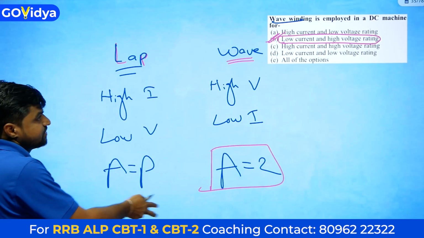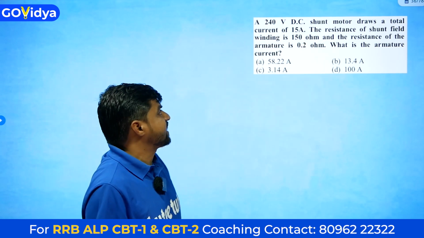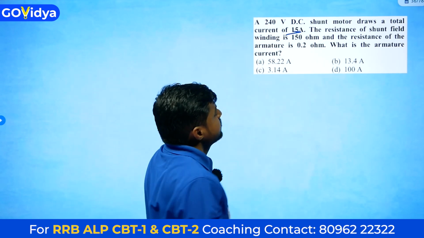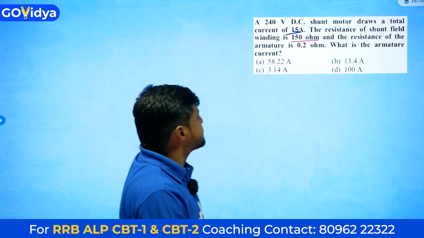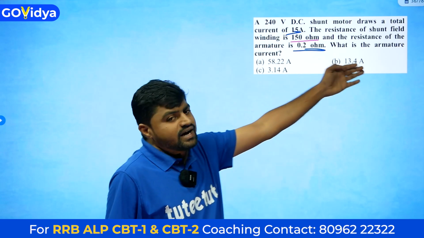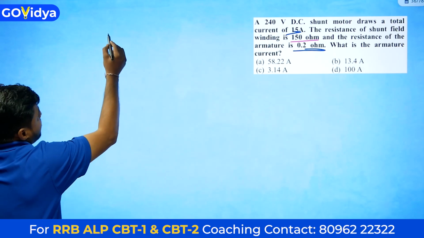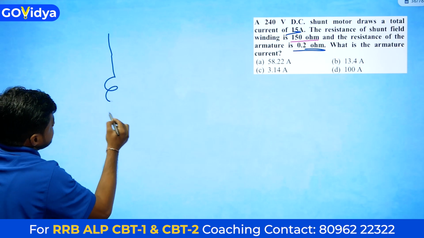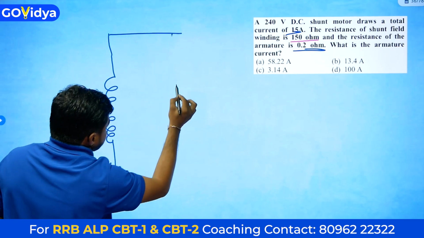Next question. A 240 volt DC shunt motor draws a current of 15 amperes. The resistance of shunt field is 150 ohms and the resistance of armature is 0.2 ohms. What will be the armature current? I will draw the DC shunt motor diagram. This is the shunt field winding.